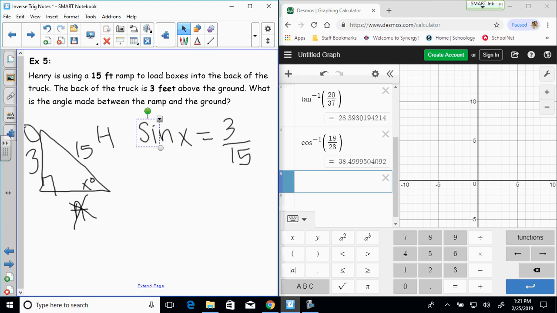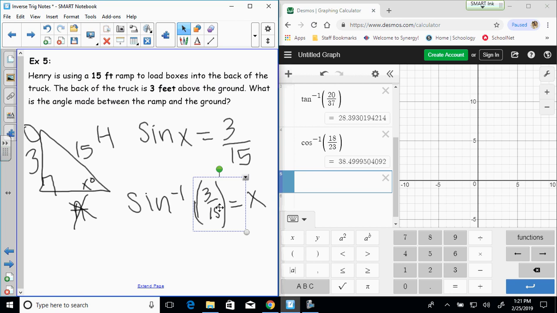So because x is the angle, we're going to use inverse trig. So we have sine to the negative first, in parentheses, 3. That's 3. Let's erase. 3 over 15, and that equals x.